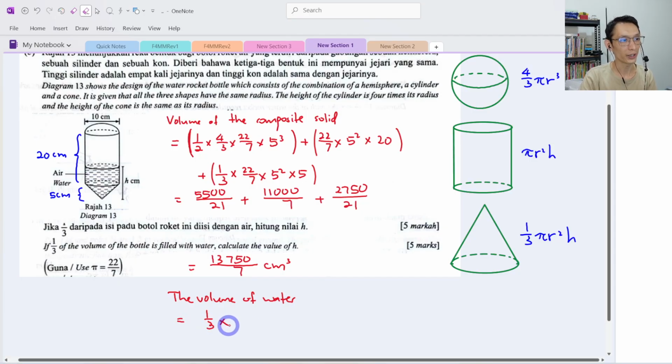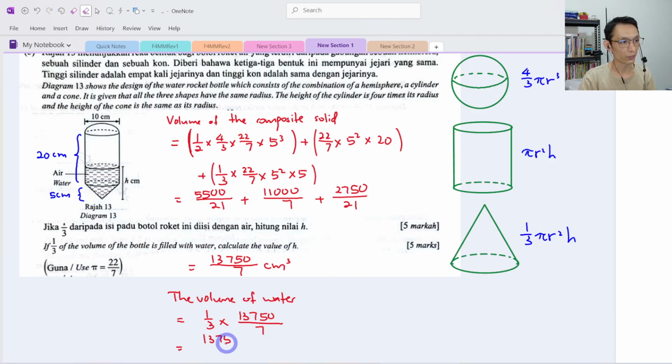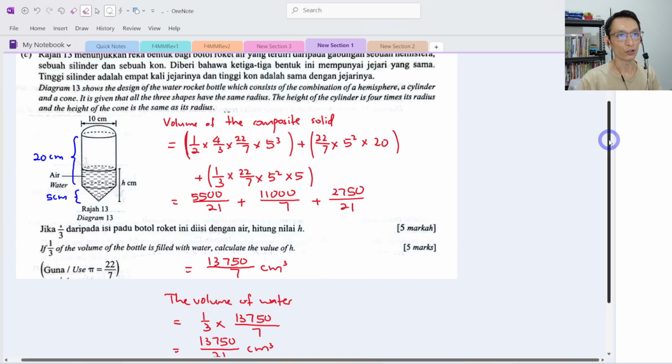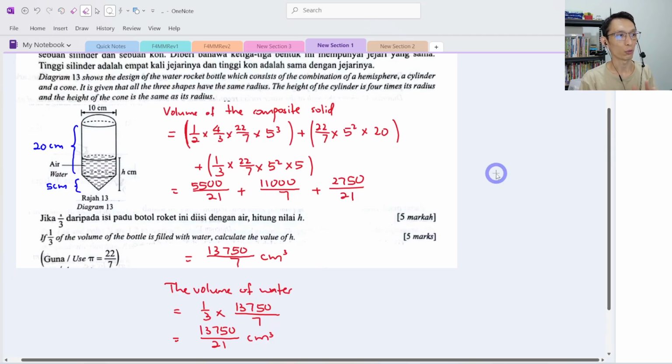One over 3 times this, 13750 over 7, is equal to 13750 over 21 cubic centimeters.